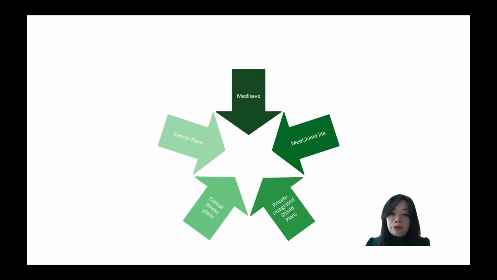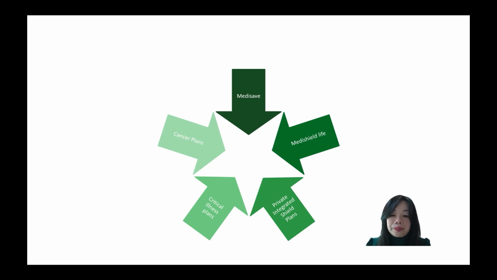So also do note that if all these resources are not in place, then a person probably will have to deplete his or her own savings. The savings that can actually be used as your retirement funds will then be used to provide for this period when cancer is being diagnosed.